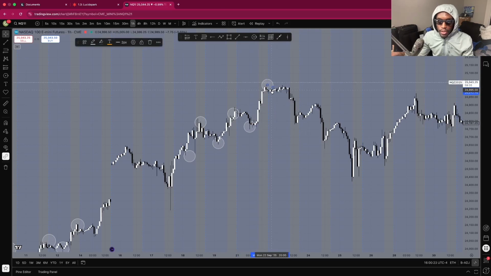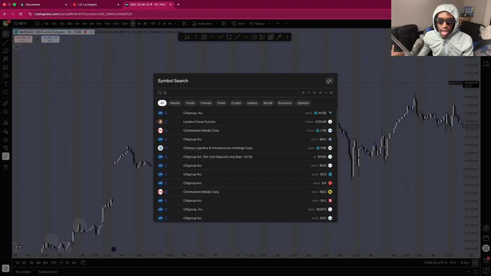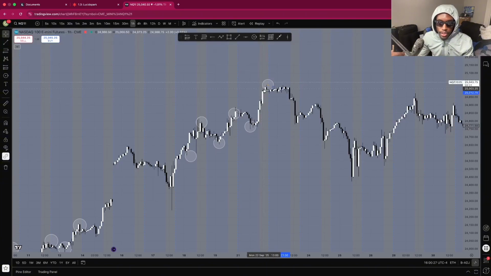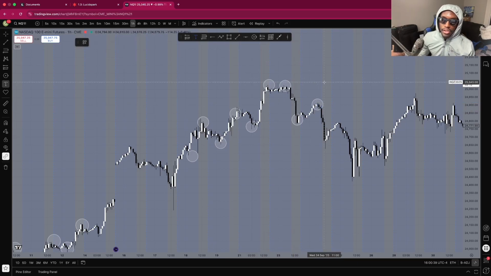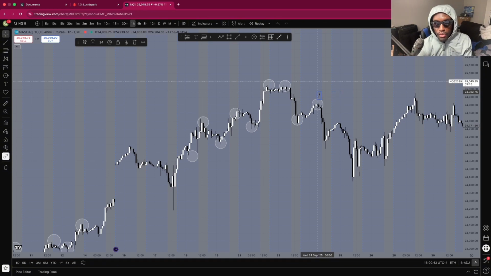And then what happens right here? Right here, yes, we have a higher high just by a little bit. Then what happens? We still have a higher low, but then with this high right here, we have a lower high. So this right here is the first signal of the market potentially shifting from an uptrend to a downtrend.